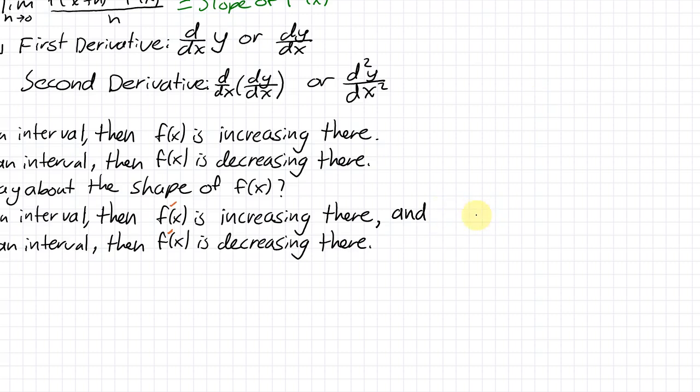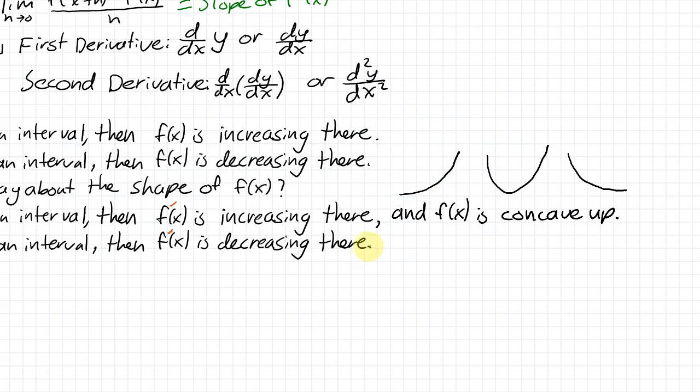So the original graph f is concave up, which, remember, means it could be shaped like a parabola or something like that. All of these have the curved shape. The curved part is upward.